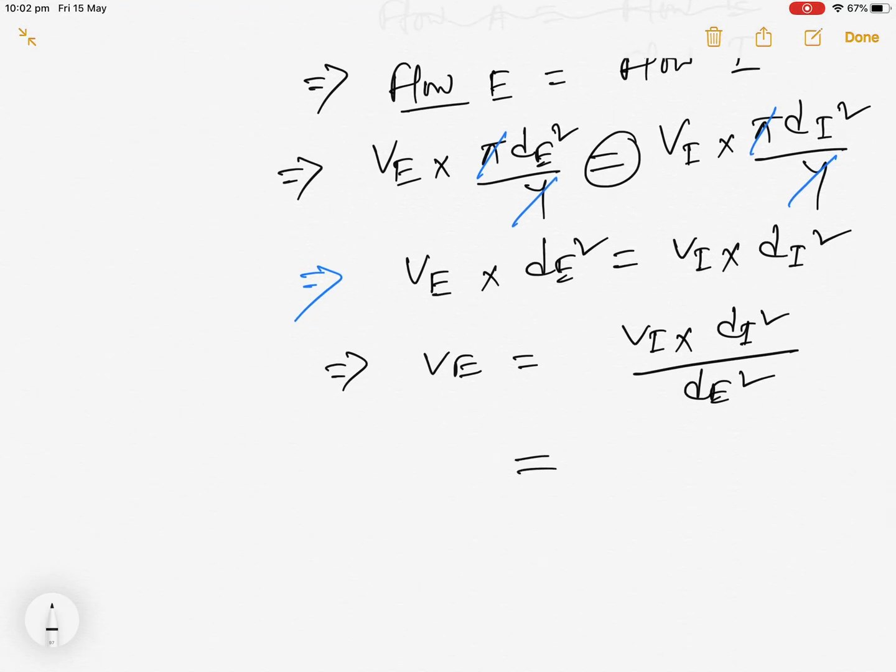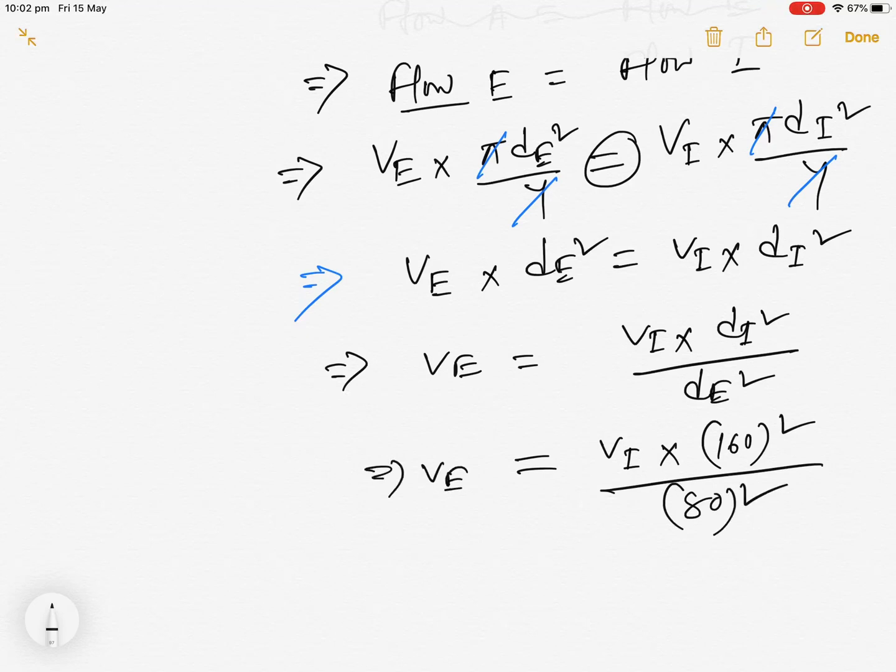Let me just write it down like this. The diameter at the pump section is 160, so it is 160 square, and the exit section is 80 square.